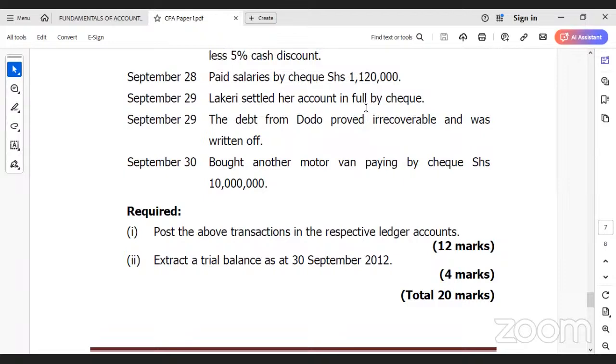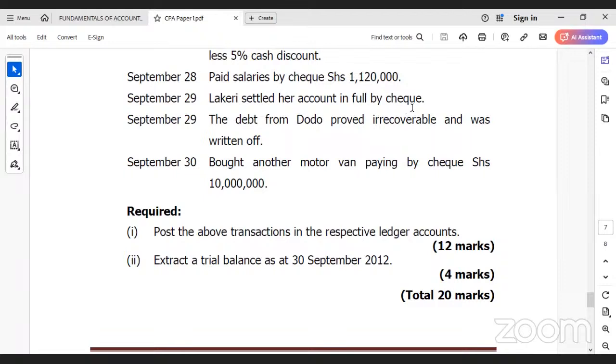Which accounts do we need? Salaries account. Salaries account and then the bank account.